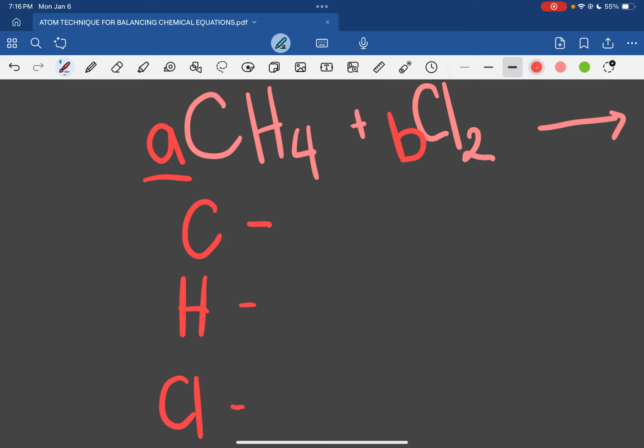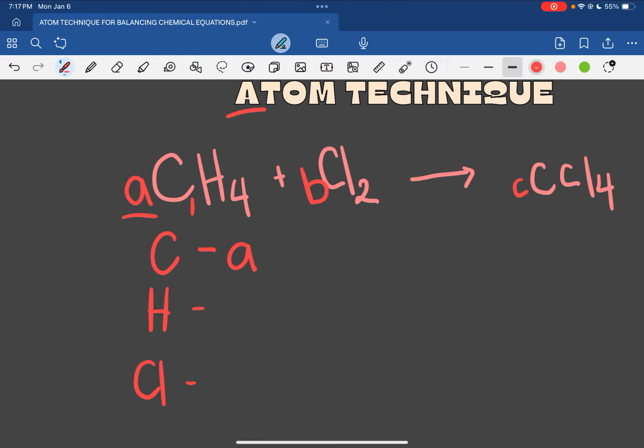So we only have the subscript 1 in here. Of course, if you know your chemistry, you already know that there is automatically 1 in there. So 1 times A, that will become A for carbon. And this arrow here will always serve as your equal sign. Okay?